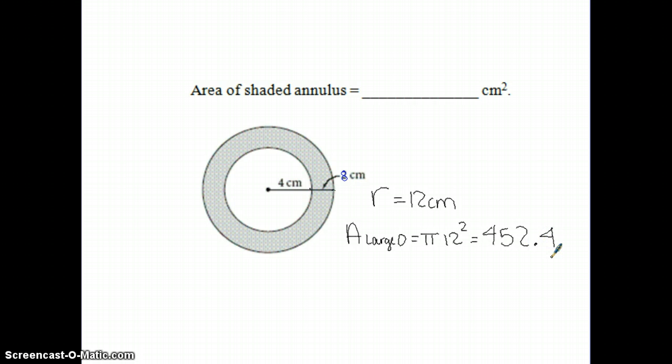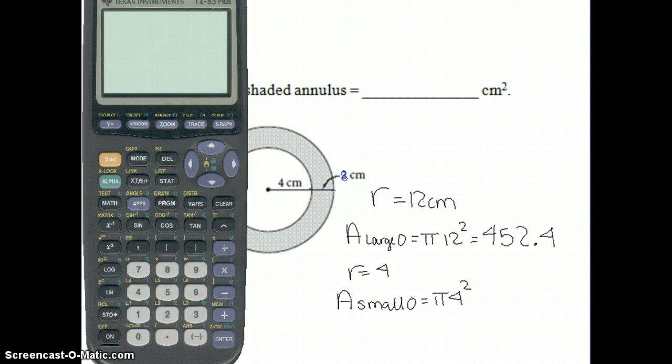Now we'll calculate the area of the small circle. I know the radius of the small circle is 4, so the area of the small circle is pi 4 squared, which will be 50.3.